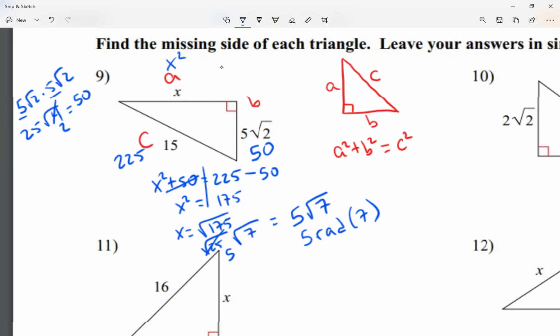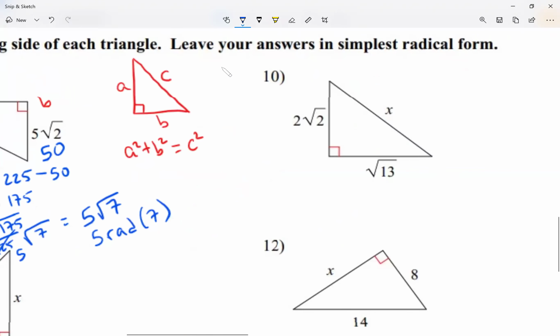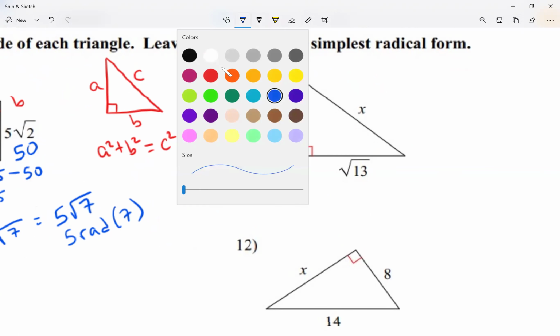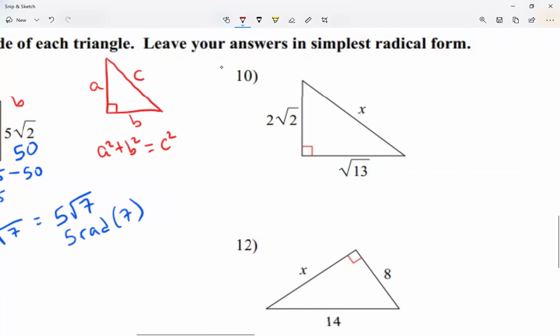Okay, let's take a look at this work again. So let me look at question number 10. Let me label my biggest side, the one side that is diagonal, let me label it C. And the other sides, I'm going to call them A and B. And I'm going to square everything. Let me start with this side, x squared.